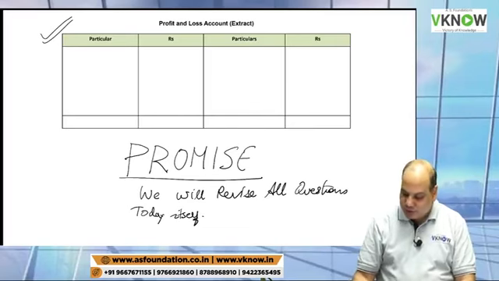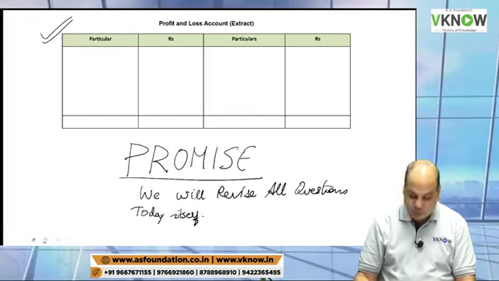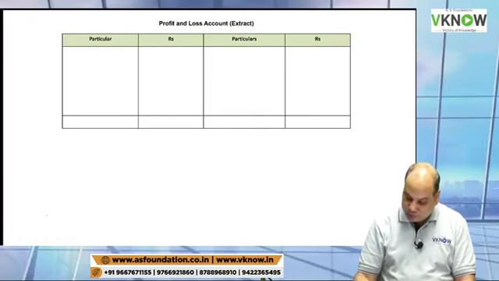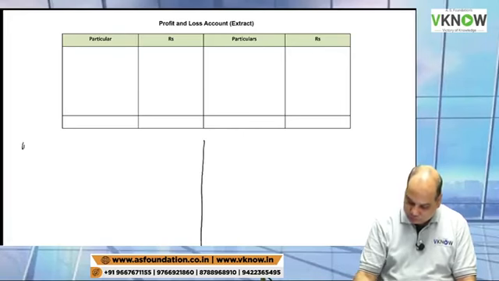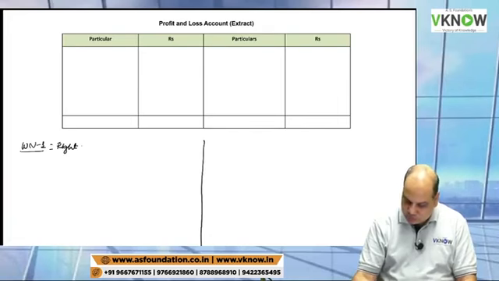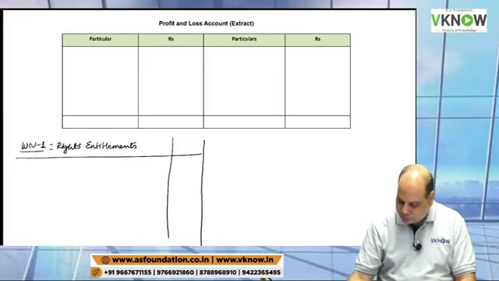After this P&L account format, we will now write down some working notes. Working note 1: entitlements. On the right-hand side, amount.